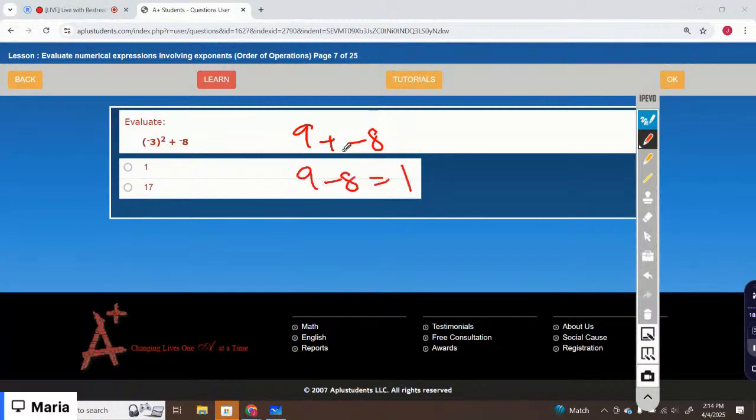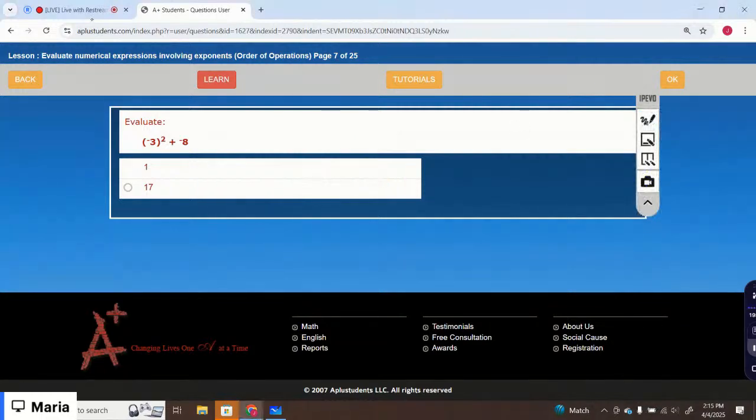So 9 minus 8 is 1. Option number 1 is the correct option. Okay, you can complete the lesson by yourself. Let me just move on to the next lesson.